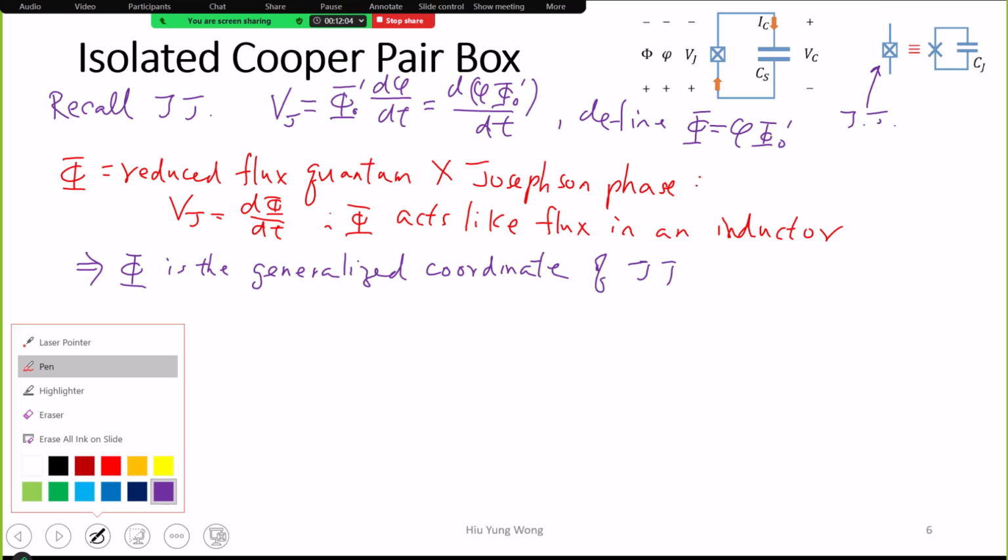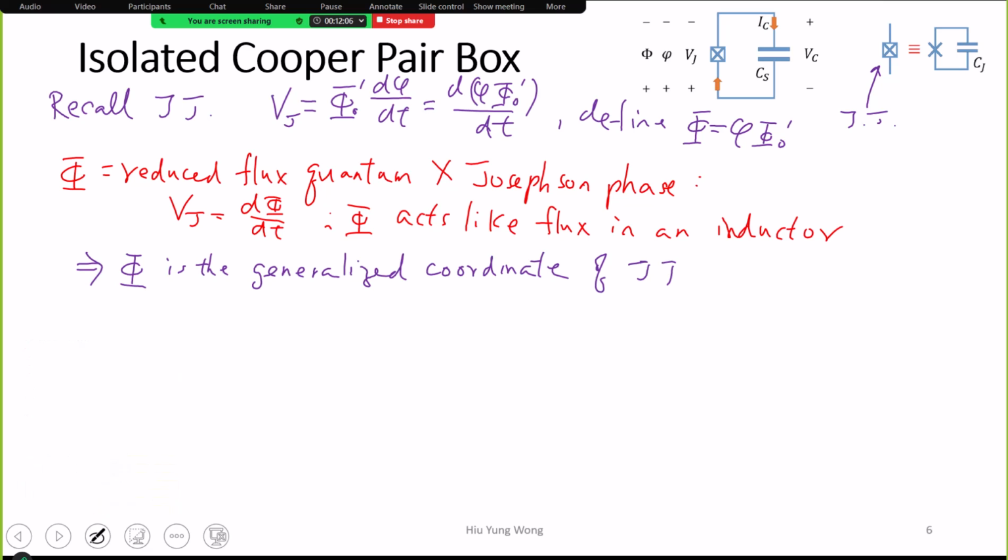Now, if you accept that, then what is the Hamiltonian of JJ? Although Hamiltonian is the total energy, we did not prove it, but we just take it as it is. What will be the energy of this JJ?